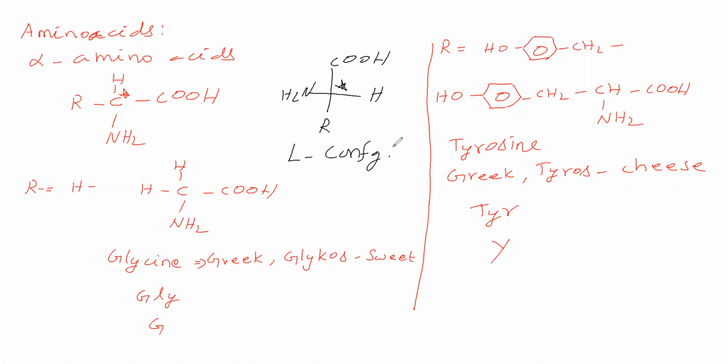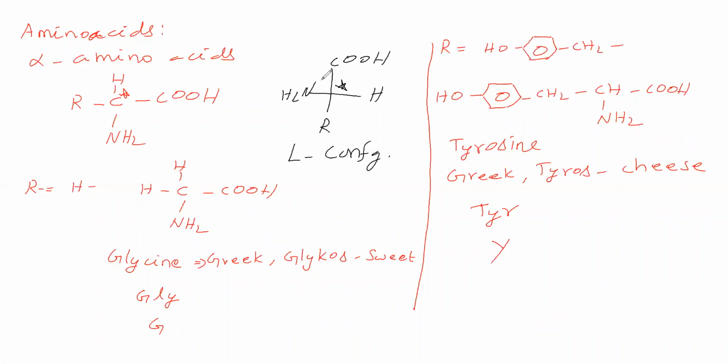The DL nomenclature was introduced for carbohydrates and is continued for amino acids. For carbohydrates we see the OH group, for amino acids we see the NH2 group. So in DL nomenclature it comes under the L configuration.